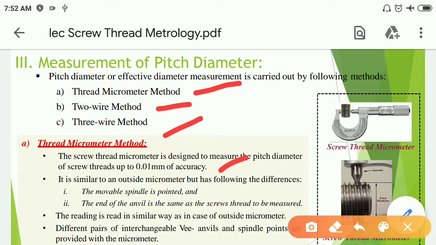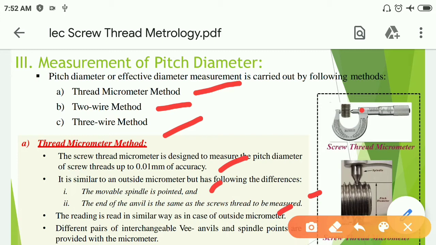It is similar to an outside micrometer, but has the following differences. First, the movable spindle is pointed. Then the end of the anvil is the same as the screw thread to be measured. The reading is read in a similar way as in the case of an outside micrometer.